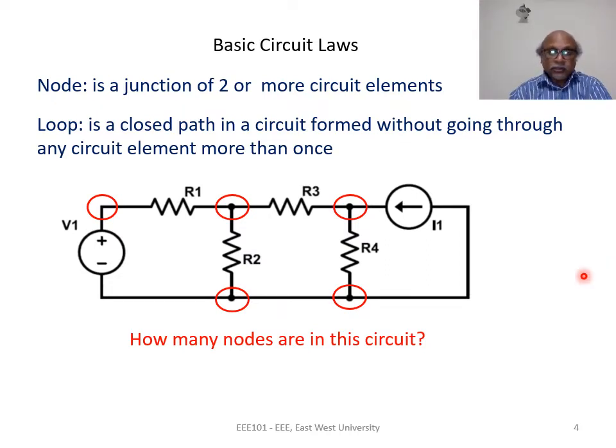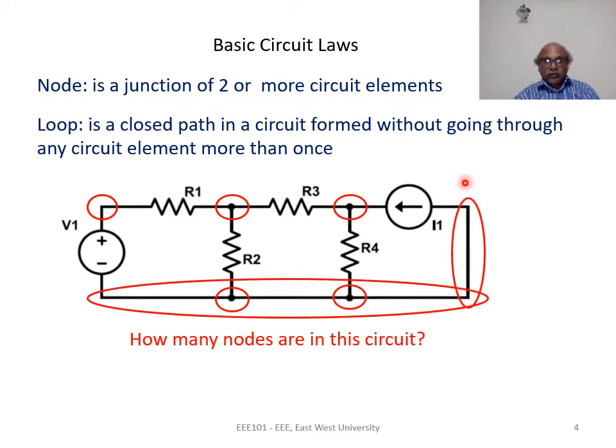Actually, if we look at the circuit in more detail, you can see that a short circuit extends from the bottom of the voltage source V1 all the way to the right of the current source I1. So this entire short circuit is a single node, although it may look like there are different nodes.